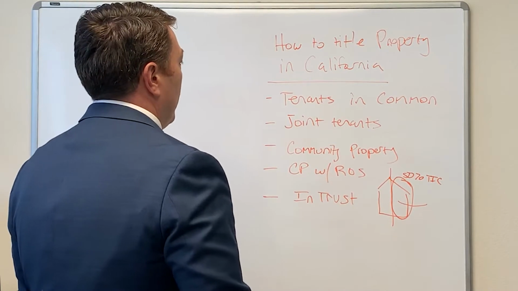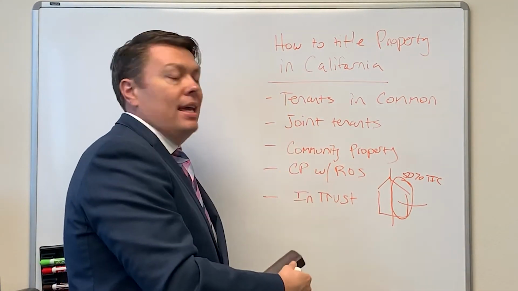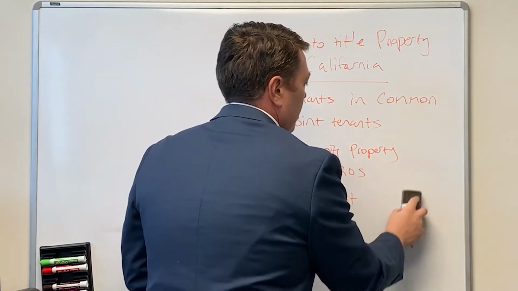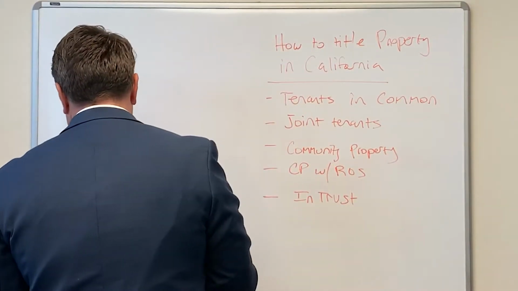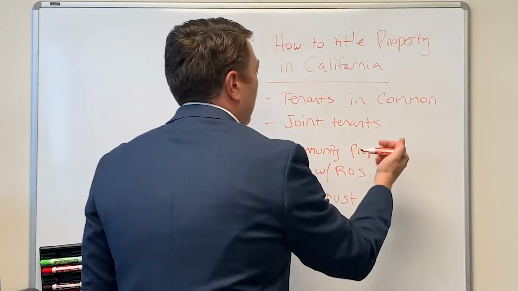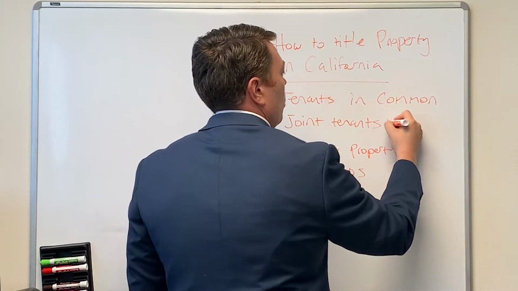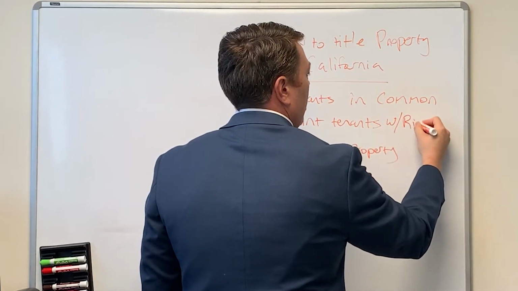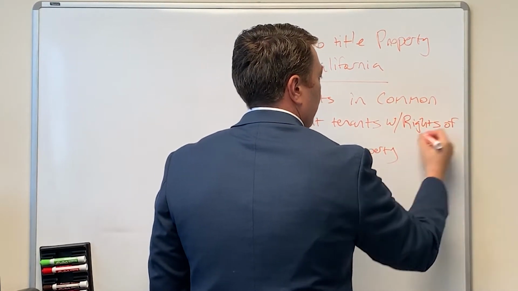Another really common way is to hold your property as joint tenants. And the benefit of joint tenancy, if you write this out, it's called joint tenants with rights of survivorship.